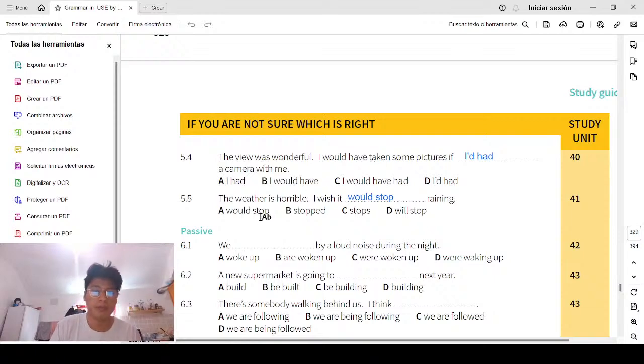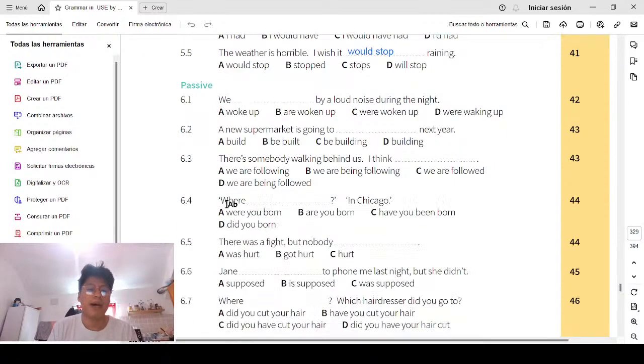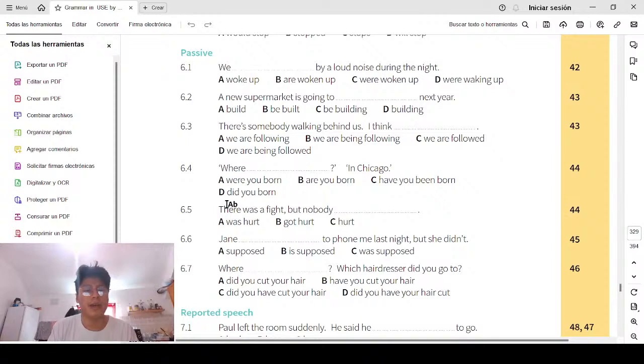Next one, passive voice. Oh no, passive, that's too complicated.